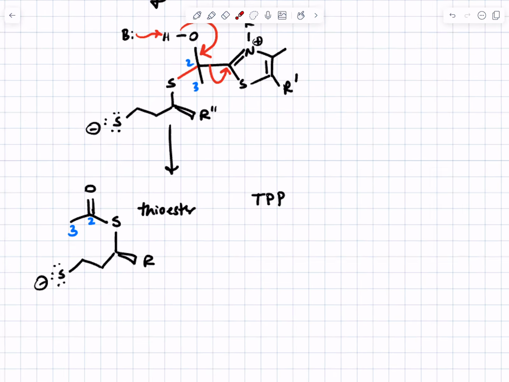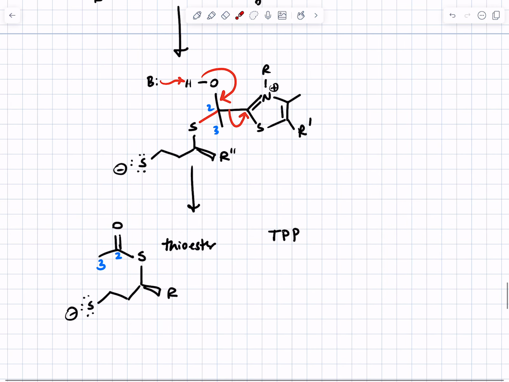We don't have the coenzyme A thioester, but we did lose CO2, and now carbons 2 and 3 are at the thioester level. Okay? So that was step one. That's the first reaction of the pyruvate dehydrogenase complex. And that's the one we're going to worry the most about. Other questions about that step?